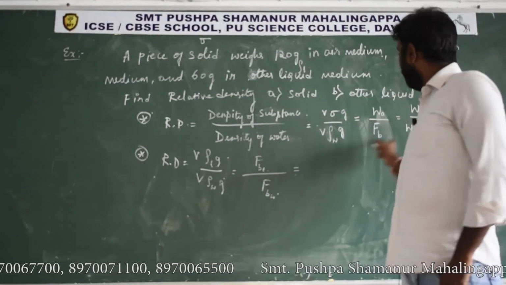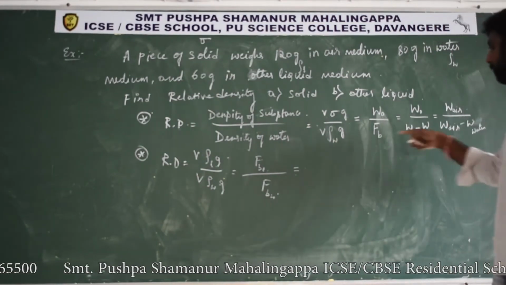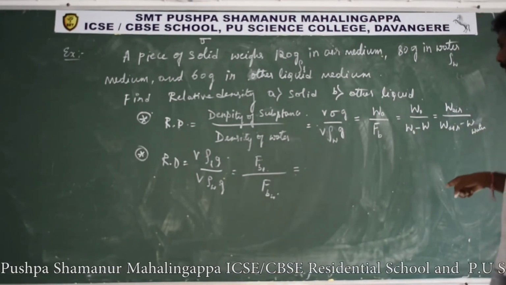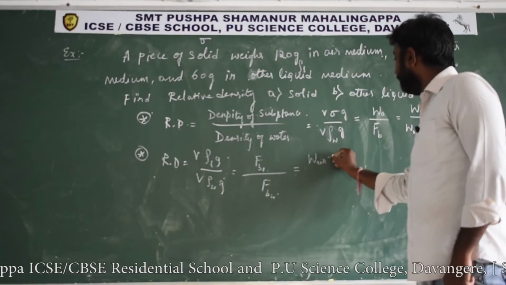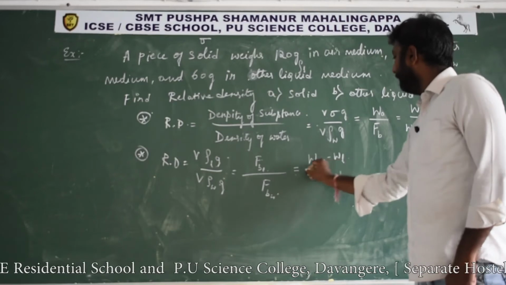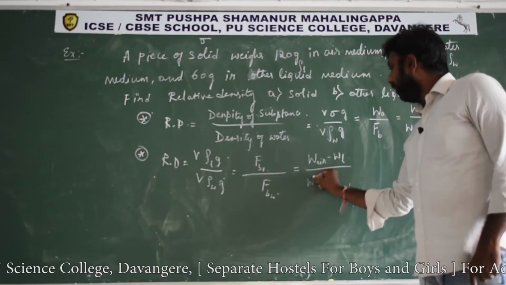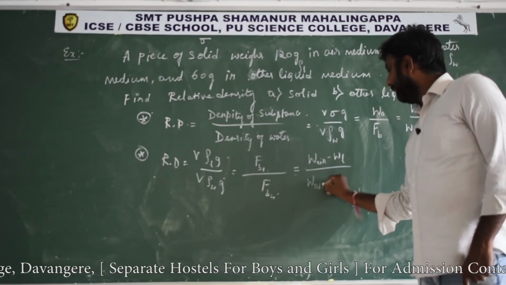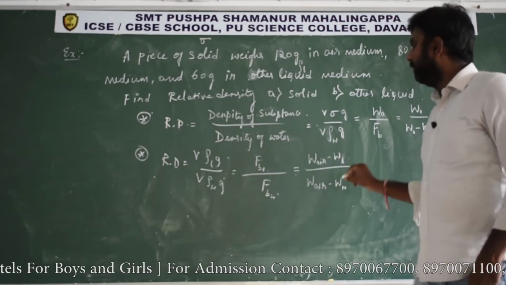here, as we have written, loss of force of buoyancy is nothing but loss of weight. So here liquid is there, hence weight in air medium minus weight in liquid medium, divided by, here water is there, hence weight in air medium minus weight in water medium.